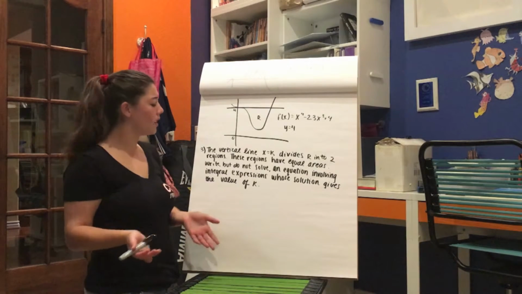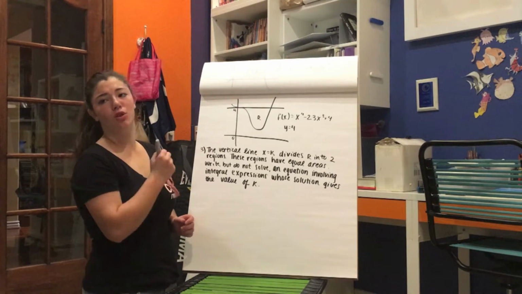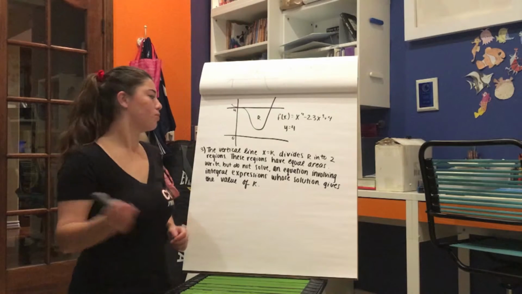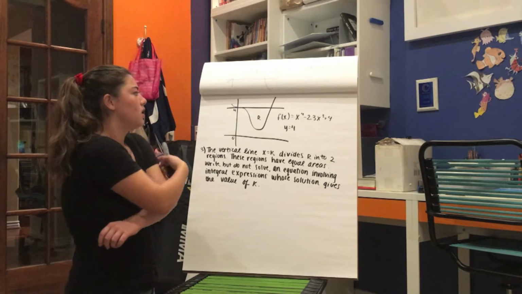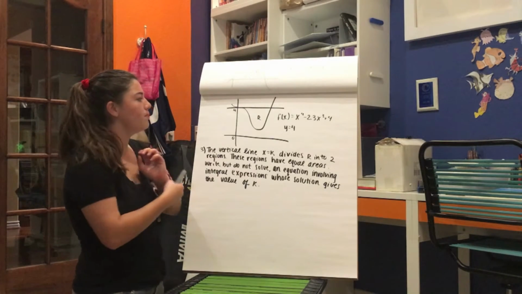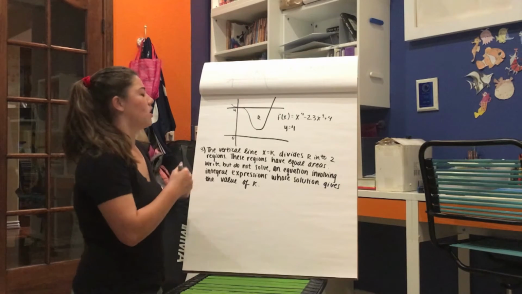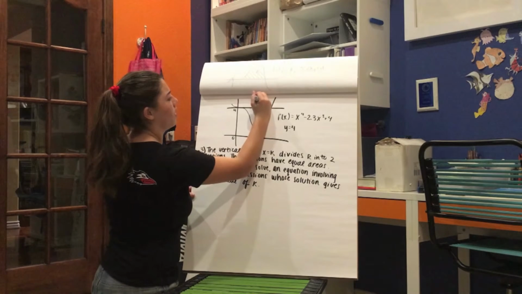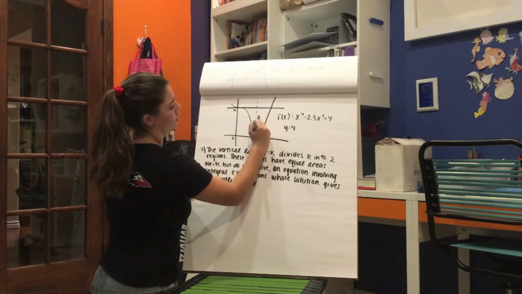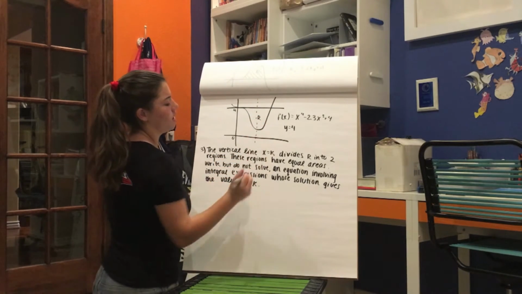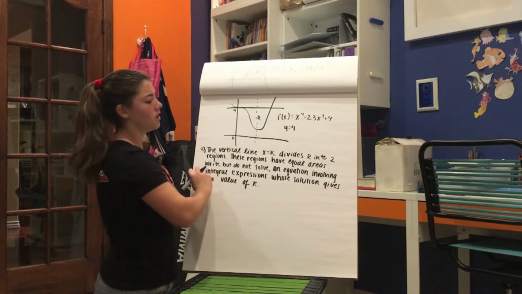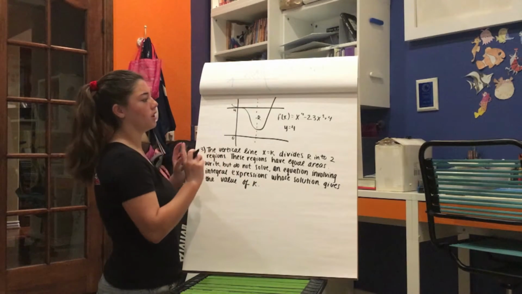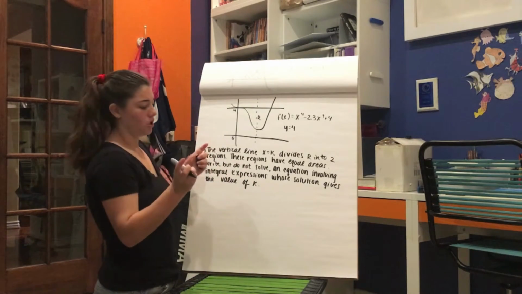It explicitly tells you that, so you have to set it up that way, otherwise you won't get your points. This is a total conceptual problem. The vertical line x equals k is going to be somewhere about here, right? You know that the areas equal each other, so you're going to have 2 integrals that equal each other.